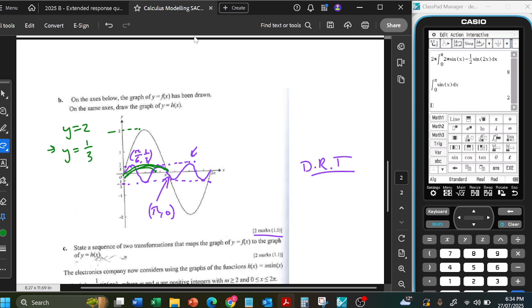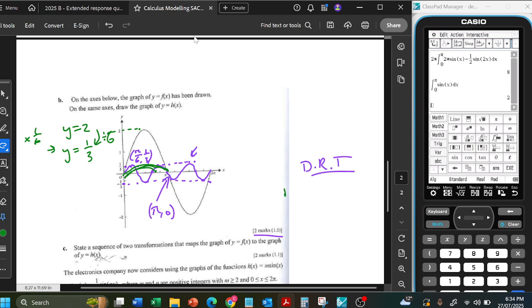So what do we need to do to go from 2 to a third? Well, we need to divide by 6, right? Which is the same as multiply by 1 over 6. So what are we doing? Well, we're dilating this graph by a factor of a sixth in the direction of the y-axis, or away from the x-axis.